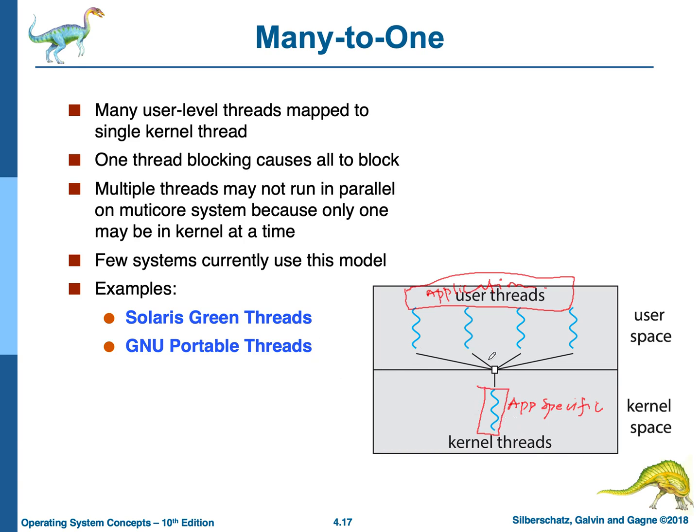But it is creating multiple threads, and this application has only one specific thread at the kernel level. So the drawback of this is that if one user level thread is blocking, then the whole system would be blocking. So blocking is a big issue in this type of threads. If one thread blocks, it causes all others to block.